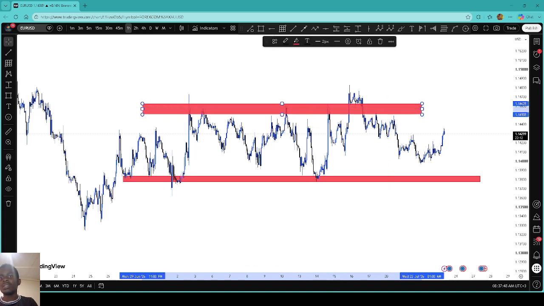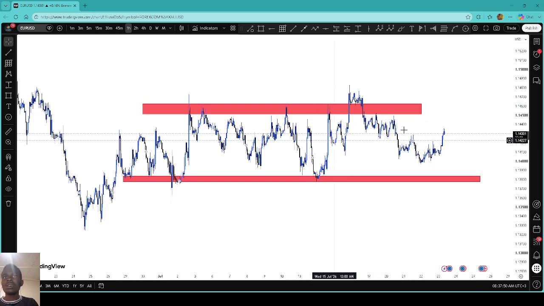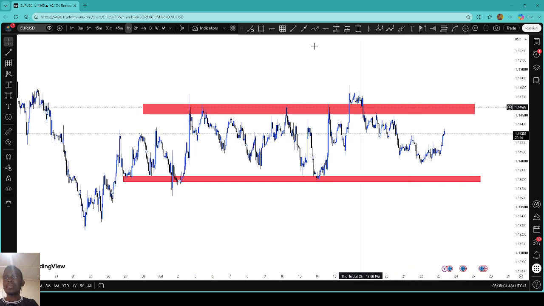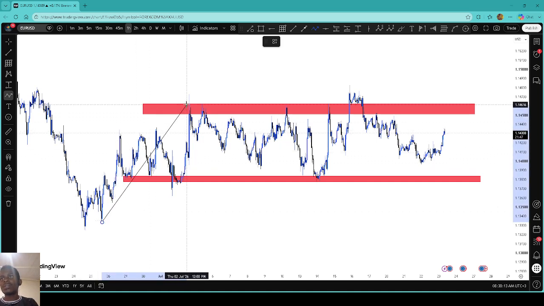Now the market has been playing ping pong within that range. You can see price came from down here, got here, then it came down, now price is actually hanging over here.